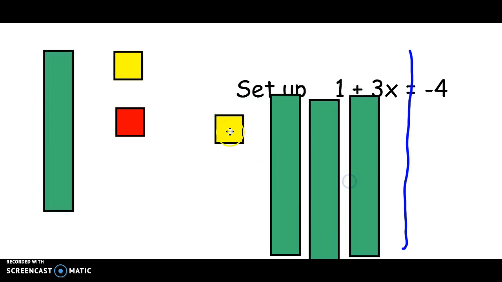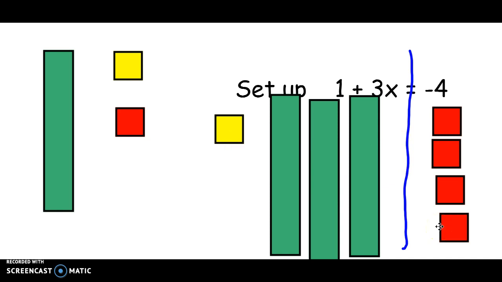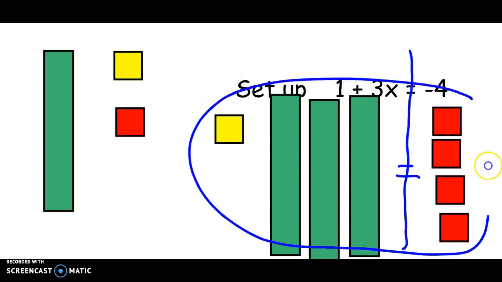Now notice that my numbers, my yellow unit square, is first, and my x's, my variables, come second. It's okay either way. I just like to keep them together to be organized. Now I have to show -4, so instead of positives, I'm going to do negatives. And when you're drawing this, remember to show a negative, you need to shade it in to show that it's red and it's negative. So either by using a line or an equal sign, that's your answer.